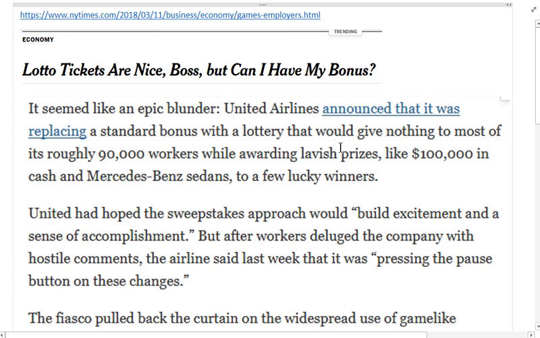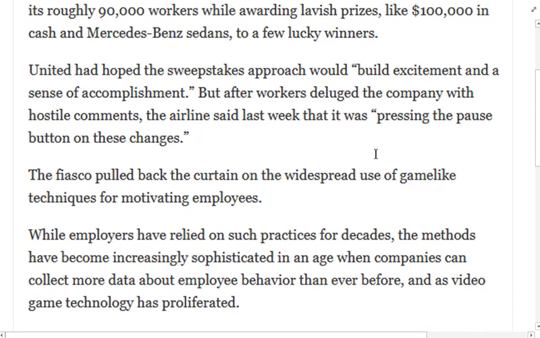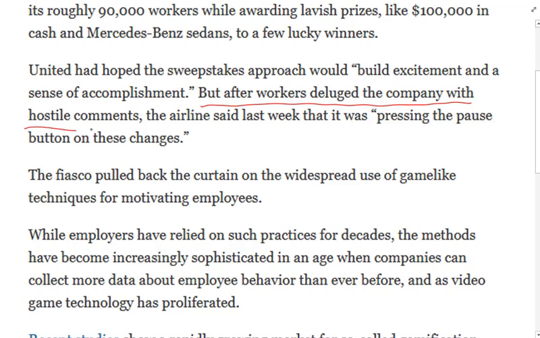The thing is, apparently most of the workers hated it, right? So after a couple of days, they canceled it. So people respond to incentives. Before you do something, think about how the people will respond. Maybe even ask them.